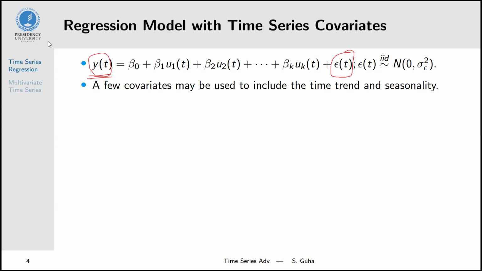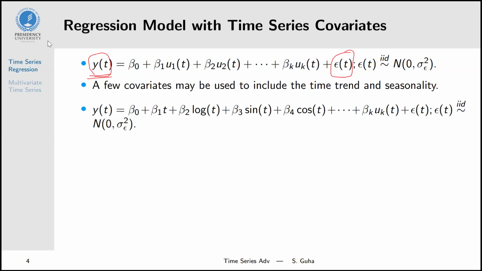On the other hand, some of these covariates may include not such a random part, but a deterministic part. For example, consider this equation. There may be certain covariates that contain the temperature of today, tomorrow, and the day after tomorrow. Similarly, other covariates may contain the rainfall amount of today, tomorrow, and the day after tomorrow.